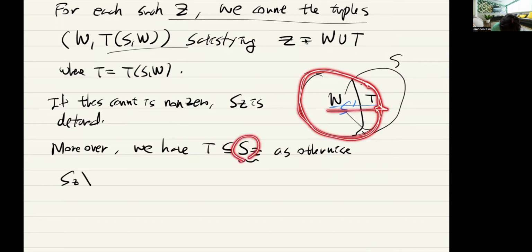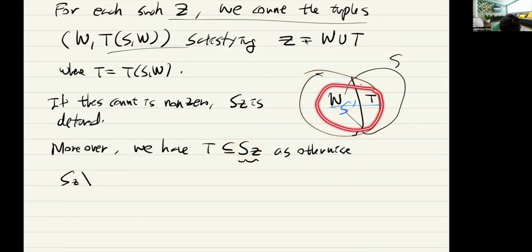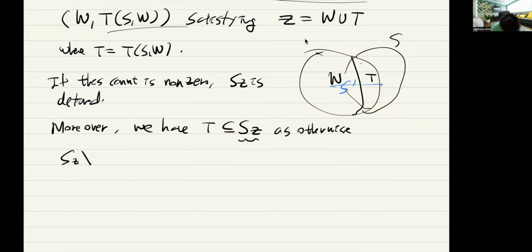Right? If this does not contain T, that means its intersection here is missing some vertex, and SG minus W is a set smaller than T, which is a contradiction of the definition of the minimum fragment.